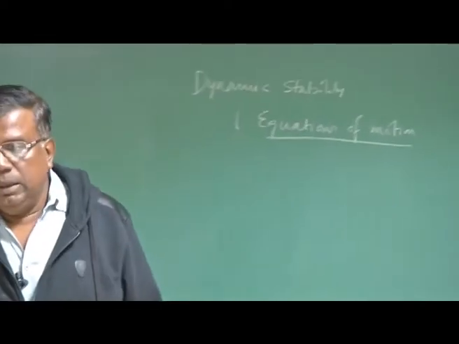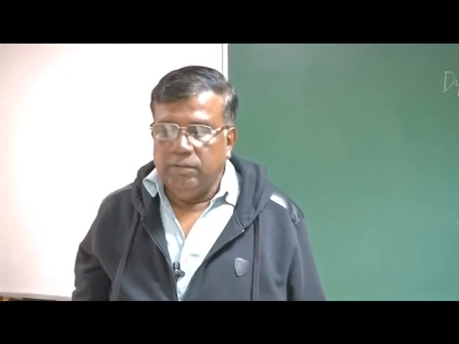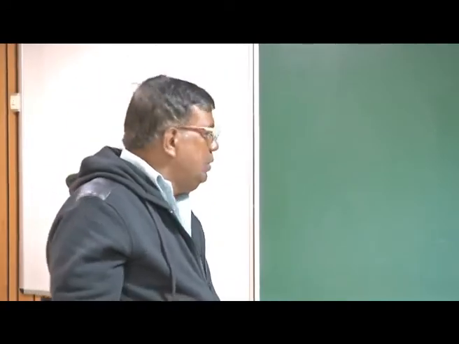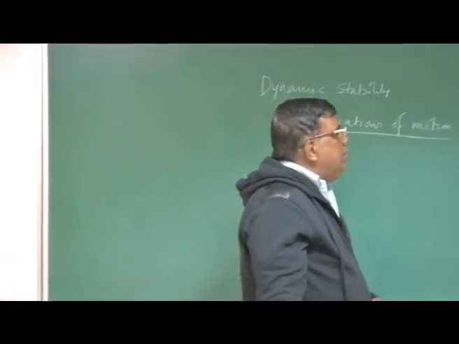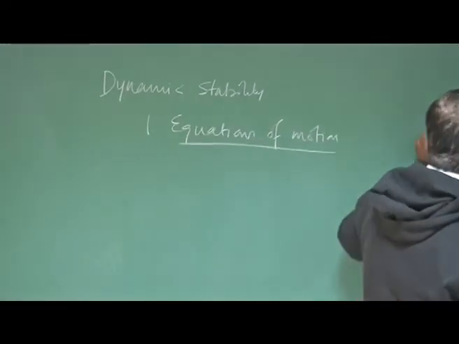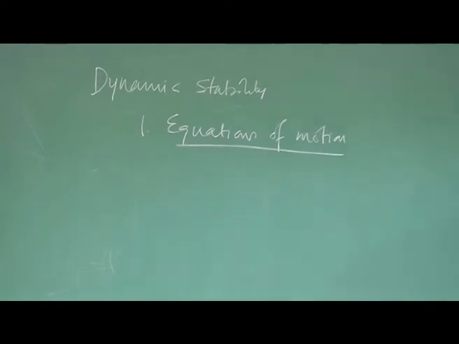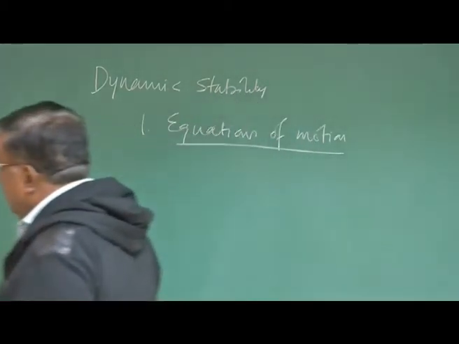Just to give you an example of what the meaning of equation of motion for a flight vehicle is, I will take a simple example and try to share with you, or create a roadmap for the final 6-degree of freedom equations of motion.